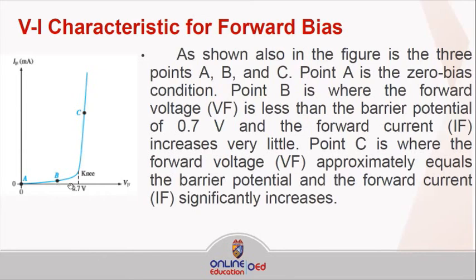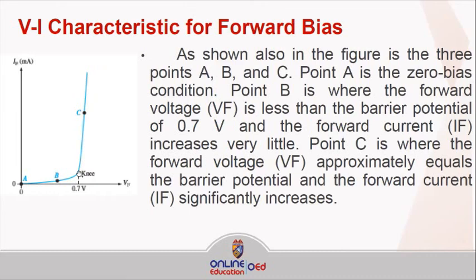Okay, then the VF, where the forward VF, ito, is less than the barrier. Mababa pa rin sa 0.70 yung barrier potential. Then ang forward current, ito, IF, increases very little. Okay, pagdating naman sa point C, as you can see, point C is where the forward voltage VF is approximately equal to the barrier potential.